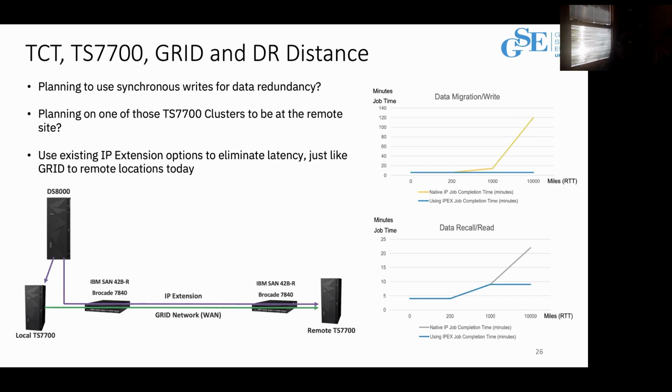This also applies to data coming from a DS8000 to 7700s: how do I reduce or eliminate that latency, because that copy is not going to finish until the longest copy happens. So there are a couple of Brocade solutions shown here that have these IP extenders that will help in that situation.